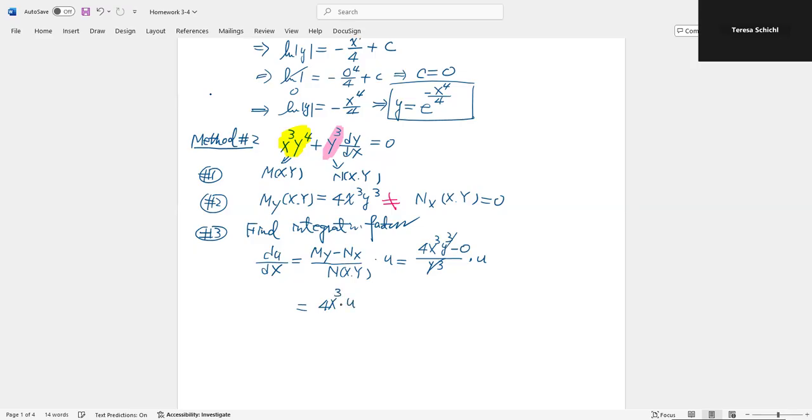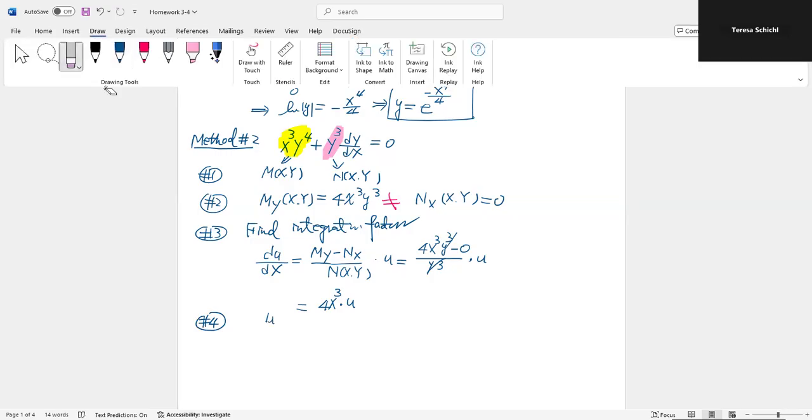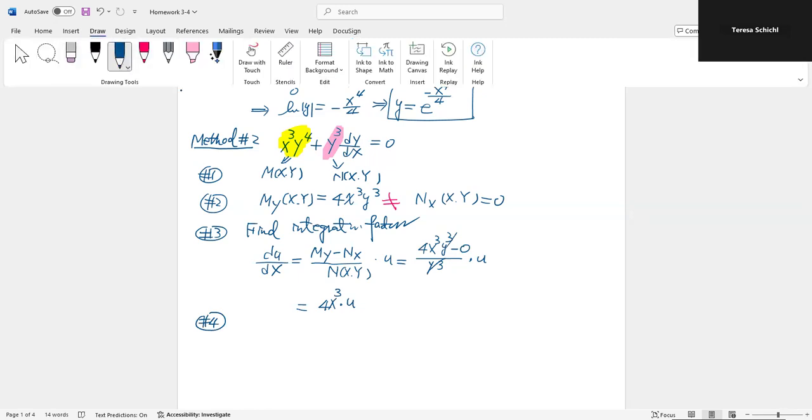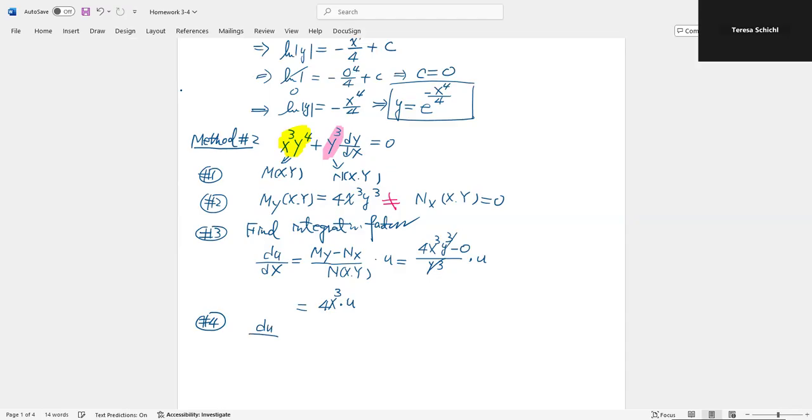Now I can move the u to the left-hand side. This is number 4. So I will say du over u is equal to 4x cubed dx here.